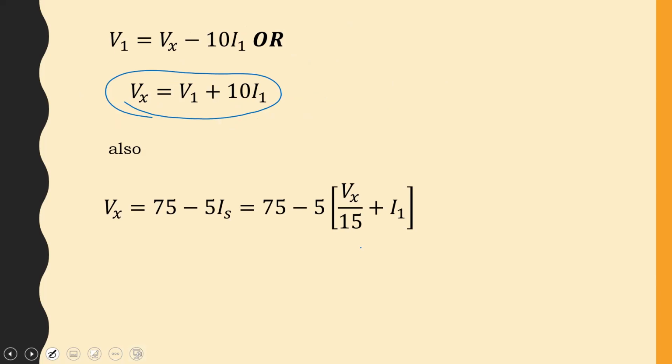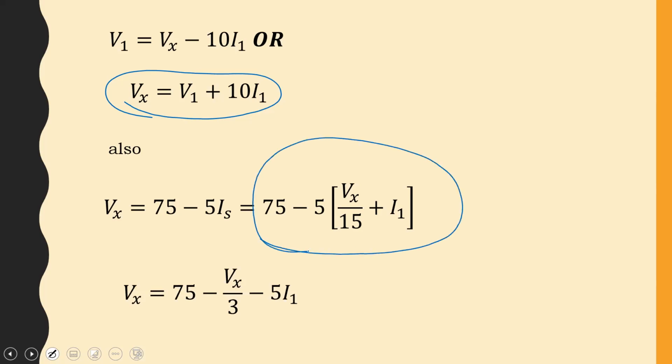So based on that, we can now make some substitutions. So what we have over here is 75 minus Vx over 3 minus 5I1.